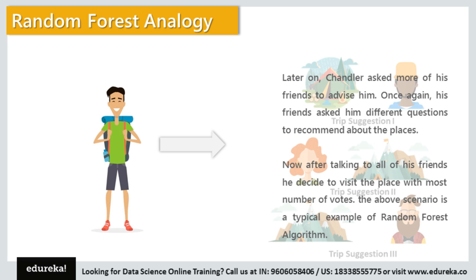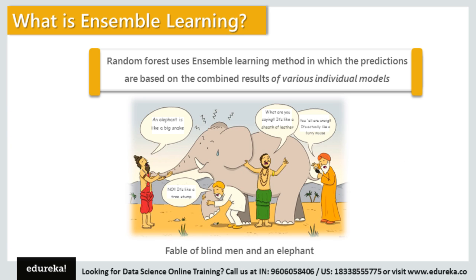Now, this is a typical example of a random forest algorithm. Basically, this algorithm uses an ensemble learning method in which various different individual results combined form the result of a random forest. Now, there are a couple of different types of ensemble learning, such as bagging and boosting.